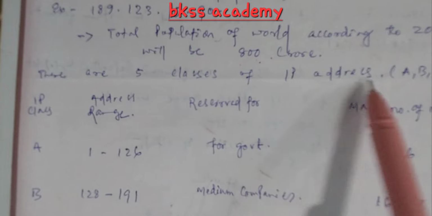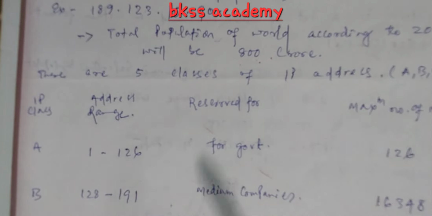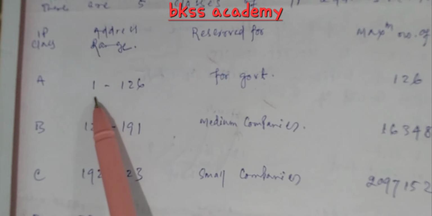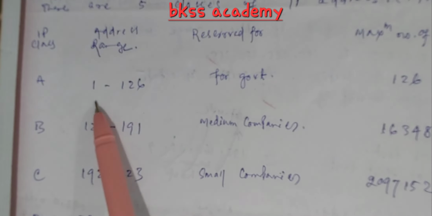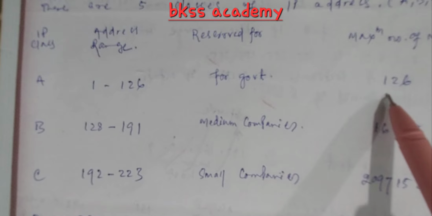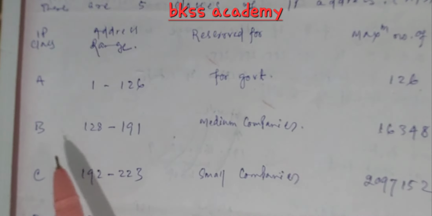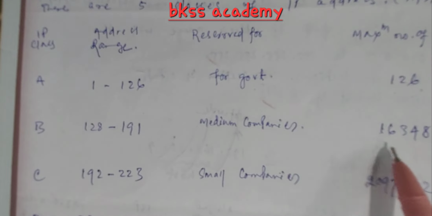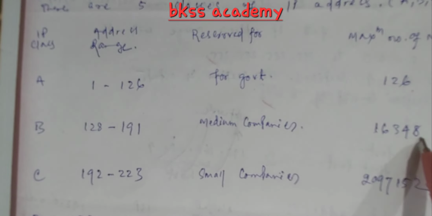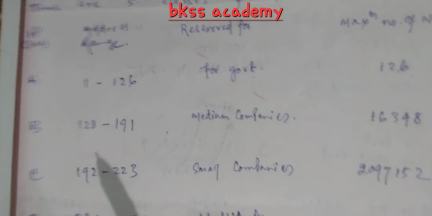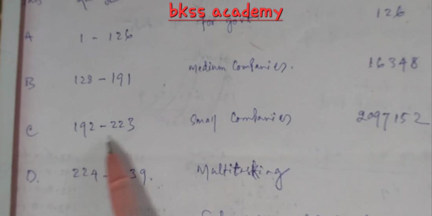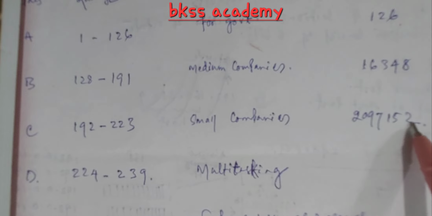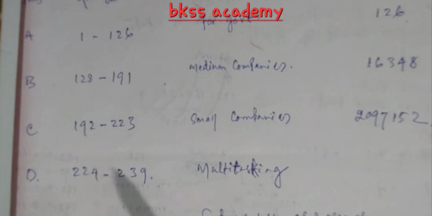There are 5 classes of IP addresses, that is A, B, C, D, E. Class A, range 1 to 126, for government use, and the maximum number of networks is 126. For class B, that is 128 to 191, for medium companies, 16384 networks. Class C is 192 to 223, for small companies, and 2097152 networks are possible.